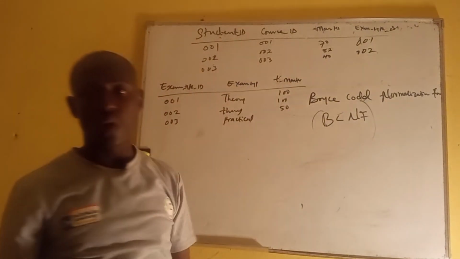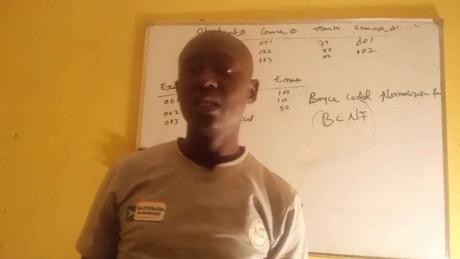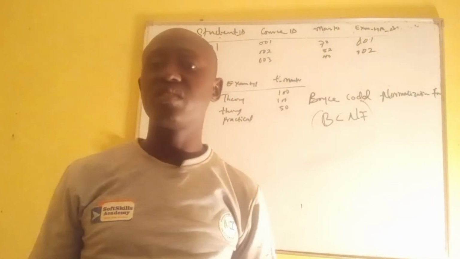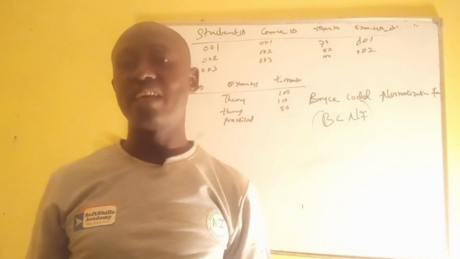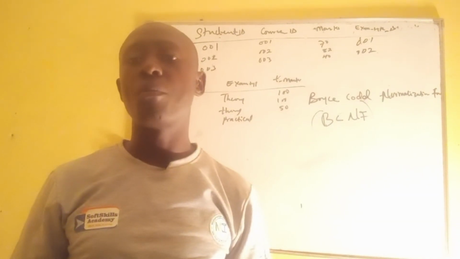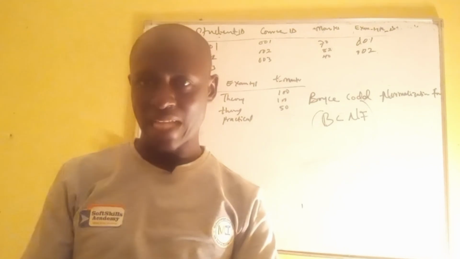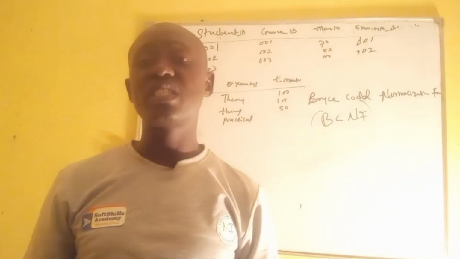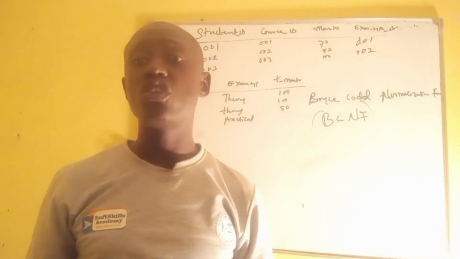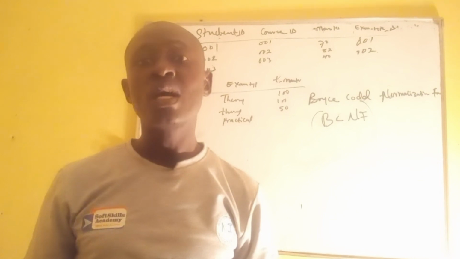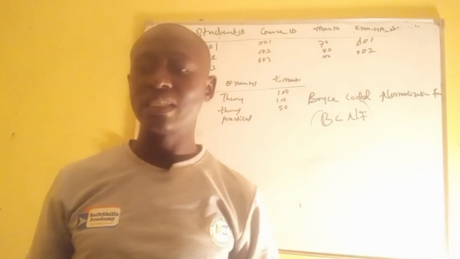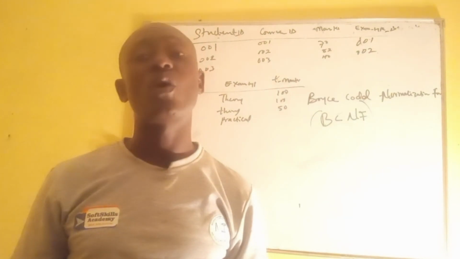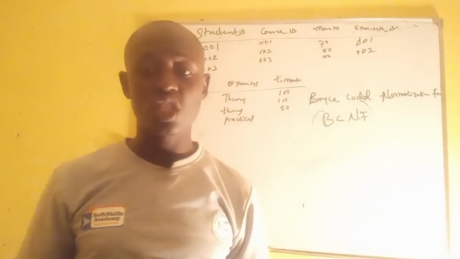So in Boyce-Codd normalization form, based on what we are treating now, I said we have this up to 8 normalization forms, but it depends on the complexity of your relational database. But what we are creating now, we are stopping at the Boyce-Codd normalization form. And what we are saying here in Boyce-Codd normalization form is the higher version of our third normalization form.